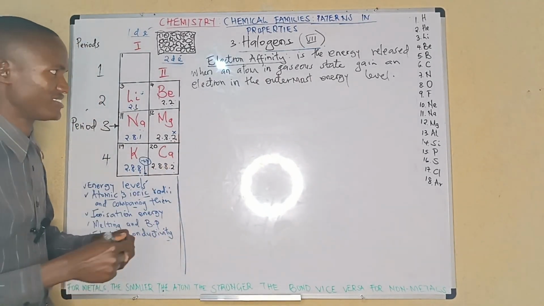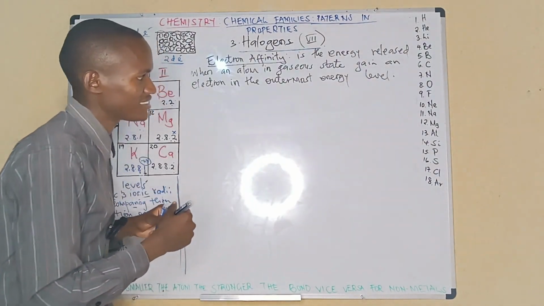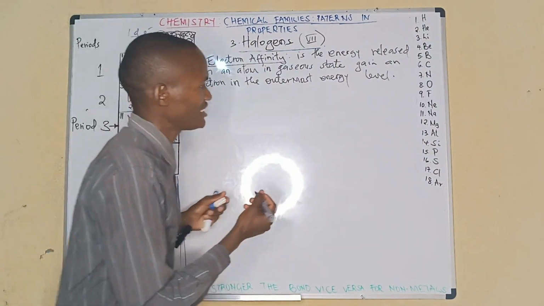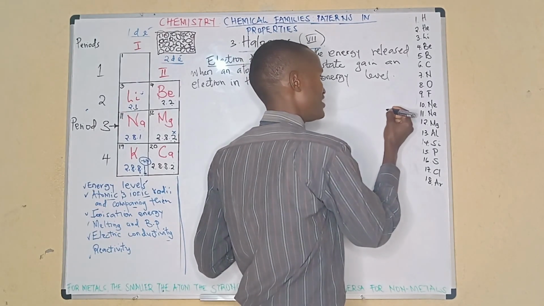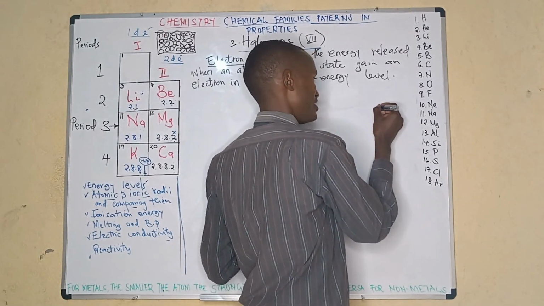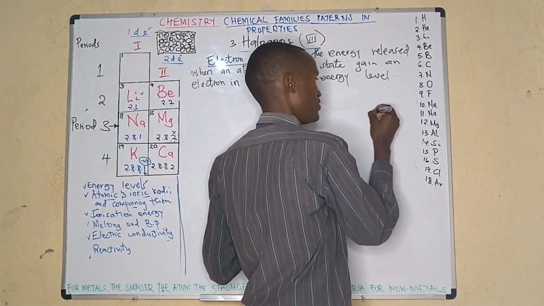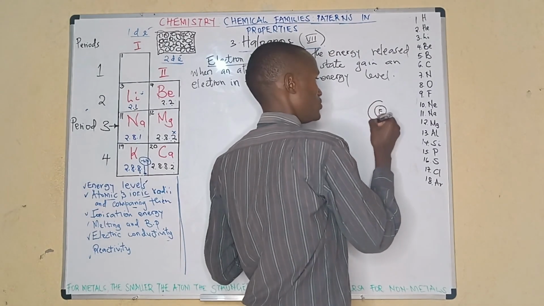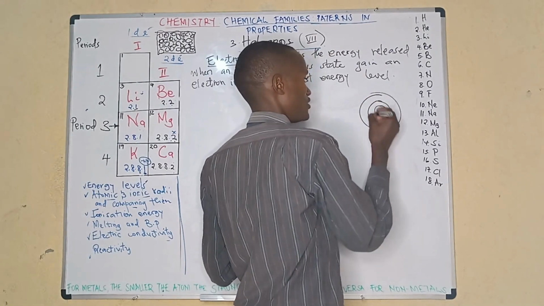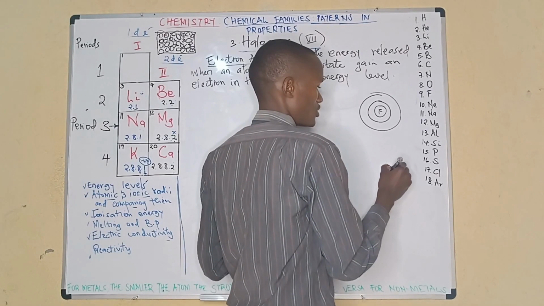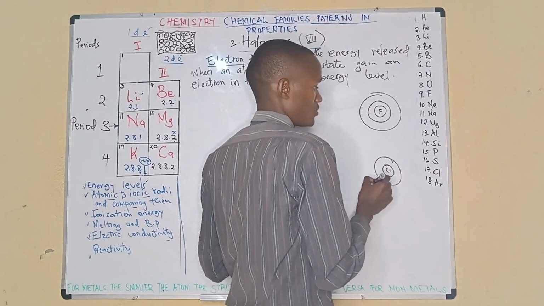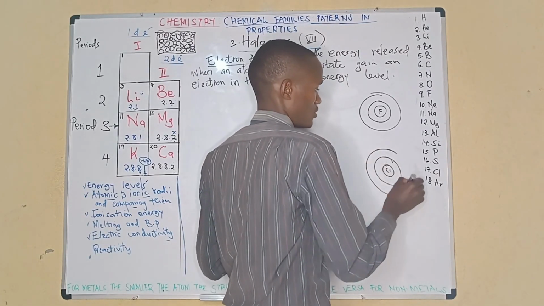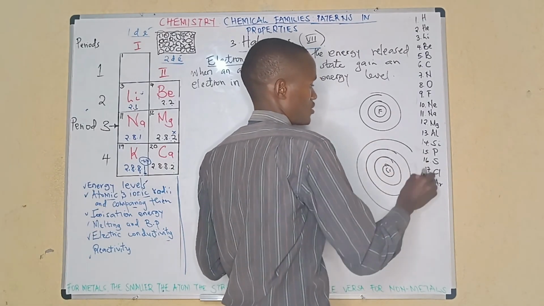Now let's see what it is. For chlorine, I saw that I already deleted the atoms. Let me draw them again. Fluorine, 2, 7. Chlorine, 2, 8, 7.